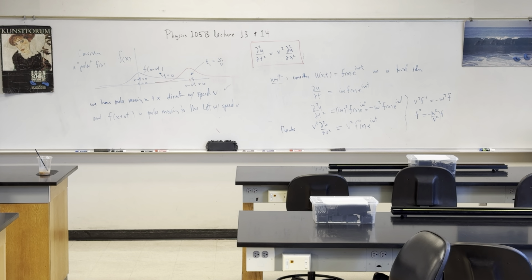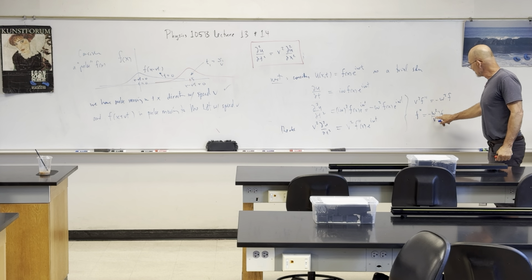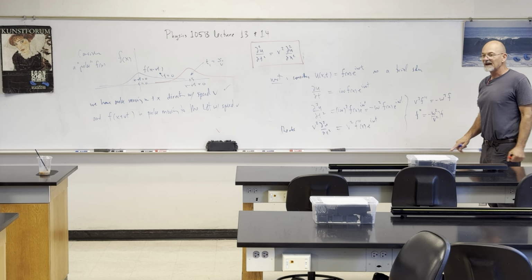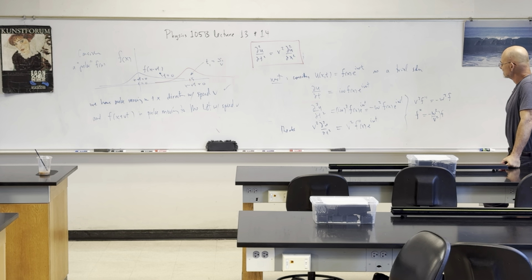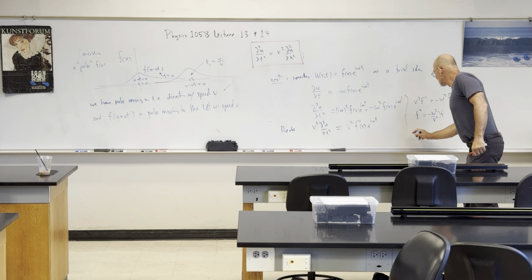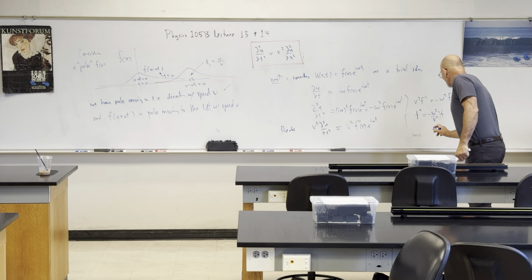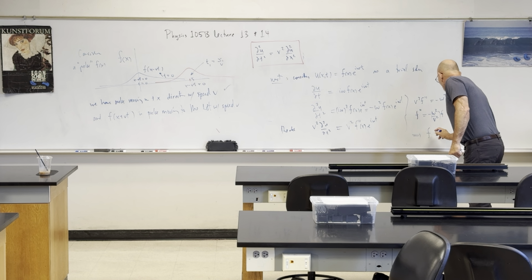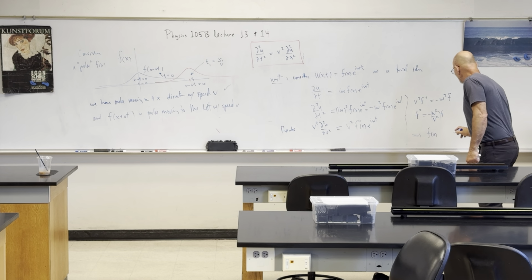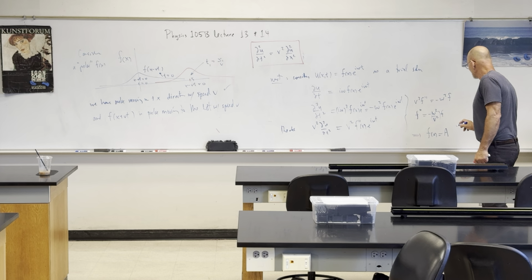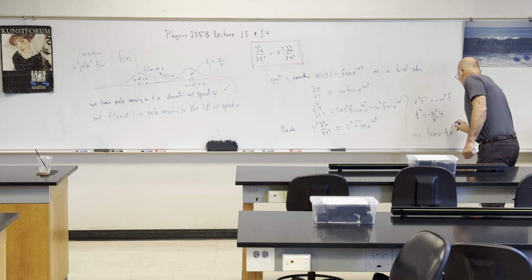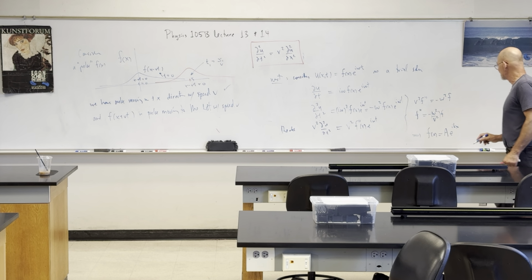And this is a situation with second derivative equals minus a constant times the function itself. So we can write f of x equals, let's give it some constant A, e to the i kx.